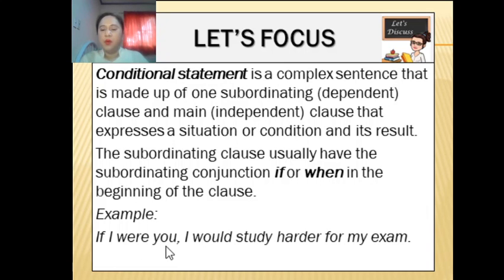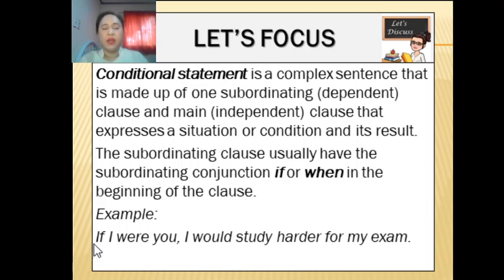If I were you, I would study harder for my exam. This is a complex sentence because we have a subordinating clause and a dependent or main clause. Let's study the subordinating clause, which is "if I were you."